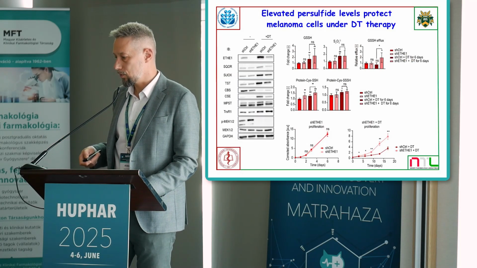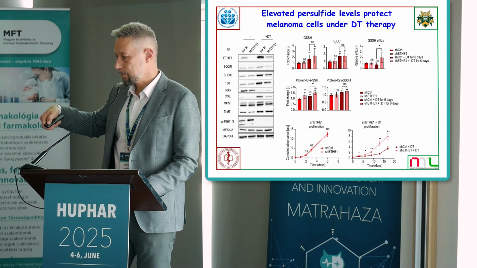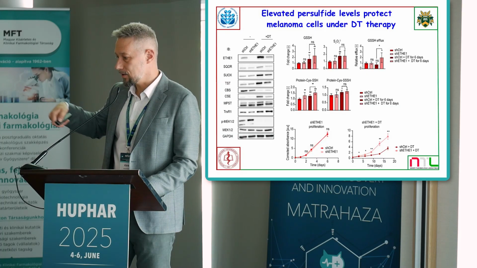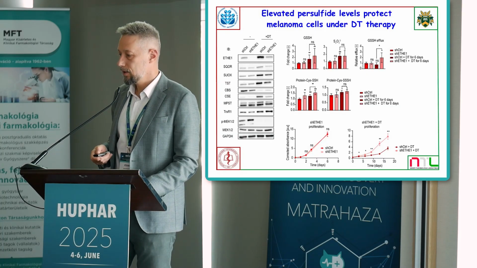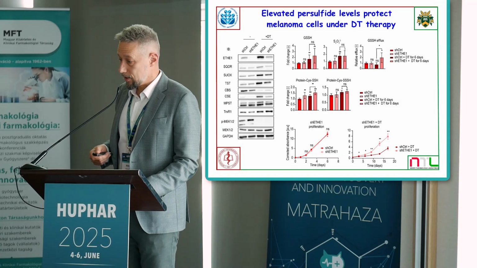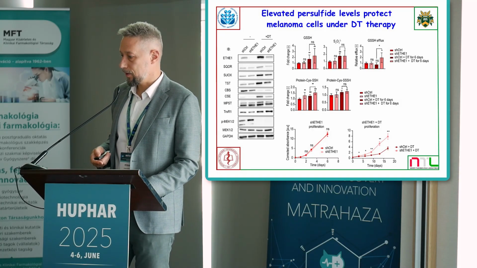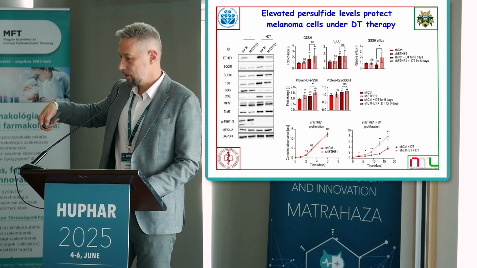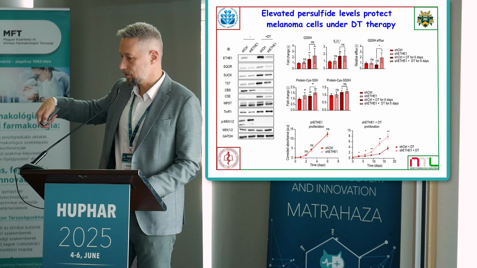But mechanistically, what was interesting to see is that when we silenced ETHE1, which is a persulfide dioxygenase, so involved in catabolic pathways of persulfides, then cells were much better off and developed resistance faster.